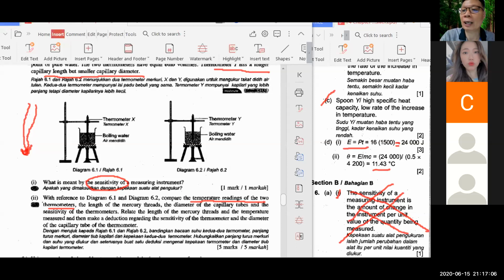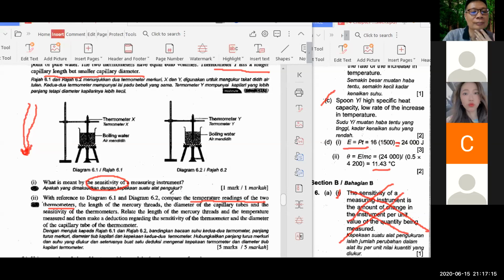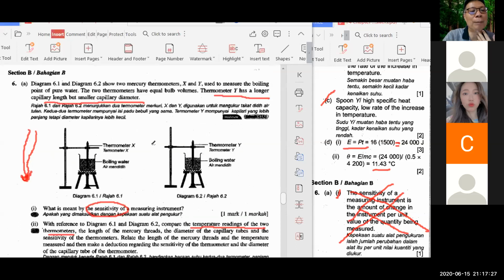Kevin Lim, are you there? Kevin Lim, how do you think the temperature reading here and here? Are they the same or different? Different, sir.